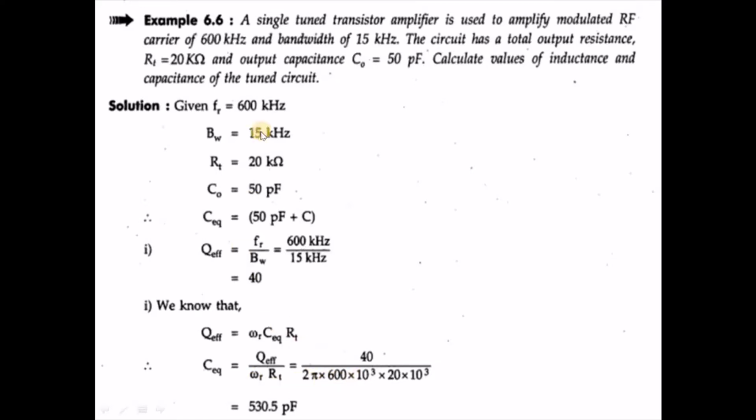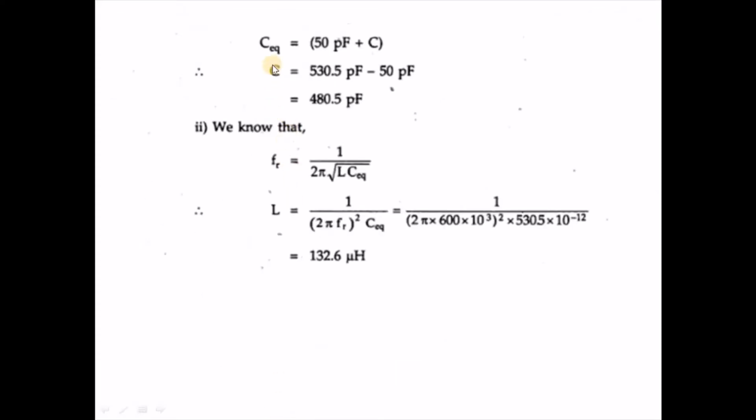So 2 pi into FR, which is 600 kilohertz, into RT, which was given as 20 kilo ohms. After substituting and simplifying the values, we will get the C equivalent as 530.5 picofarads.